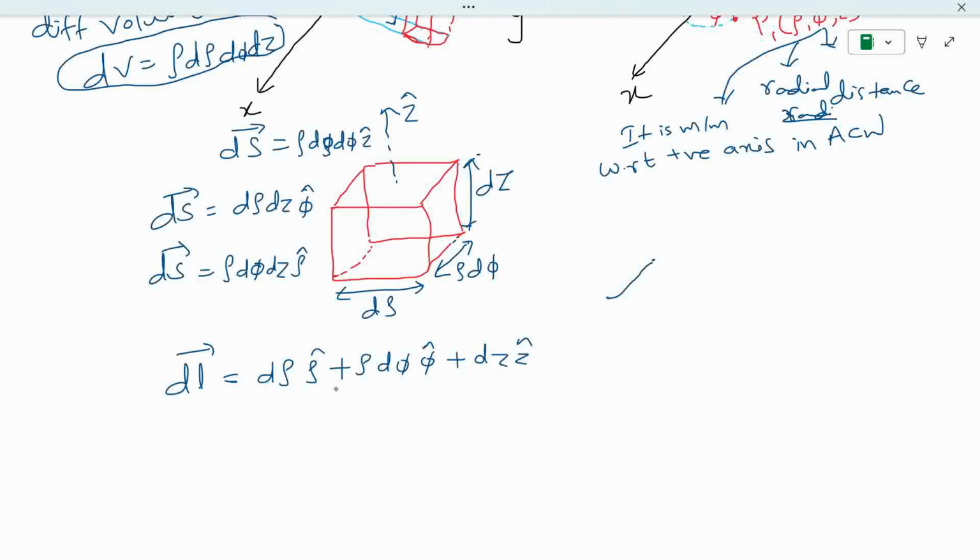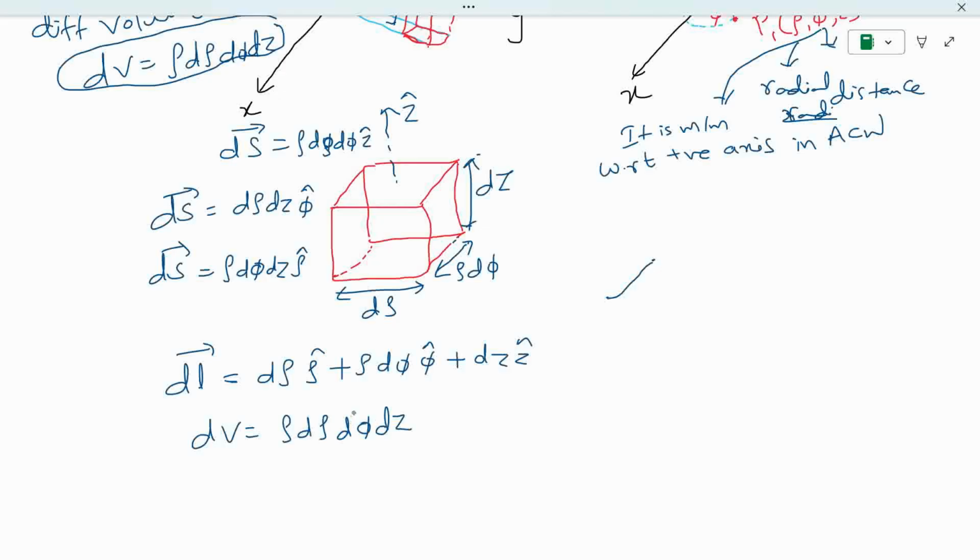That is the differential length. And we have already calculated differential volume, which is a scalar quantity. Unlike differential length and surface, which have direction, volume doesn't have any direction. So the volume is simply this.